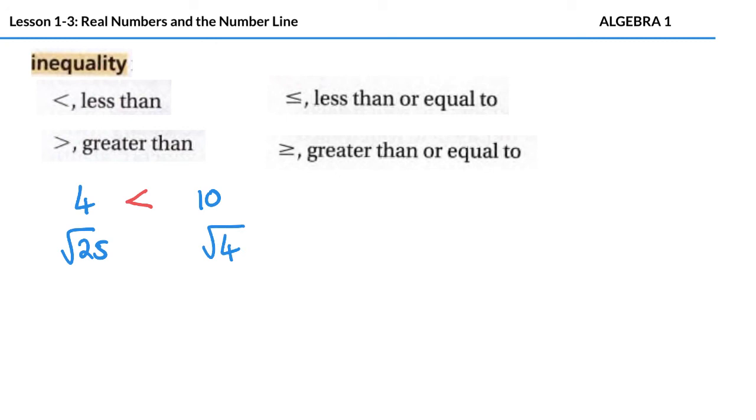What is the inequality in this? Since square root 25 is 5 and square root 4 is 2, we say that square root 25 is greater than square root 4. So do you get how we do this? So now let's use this understanding to solve some problems.